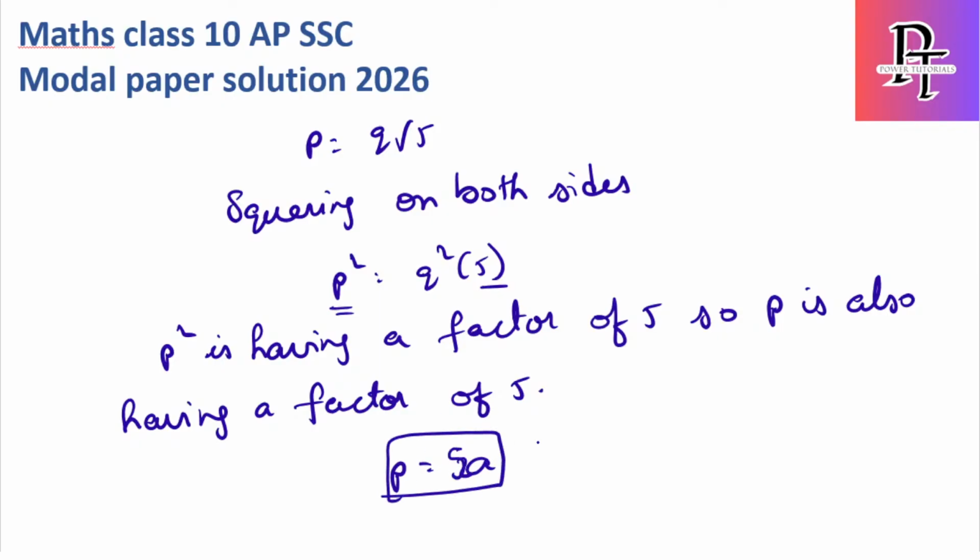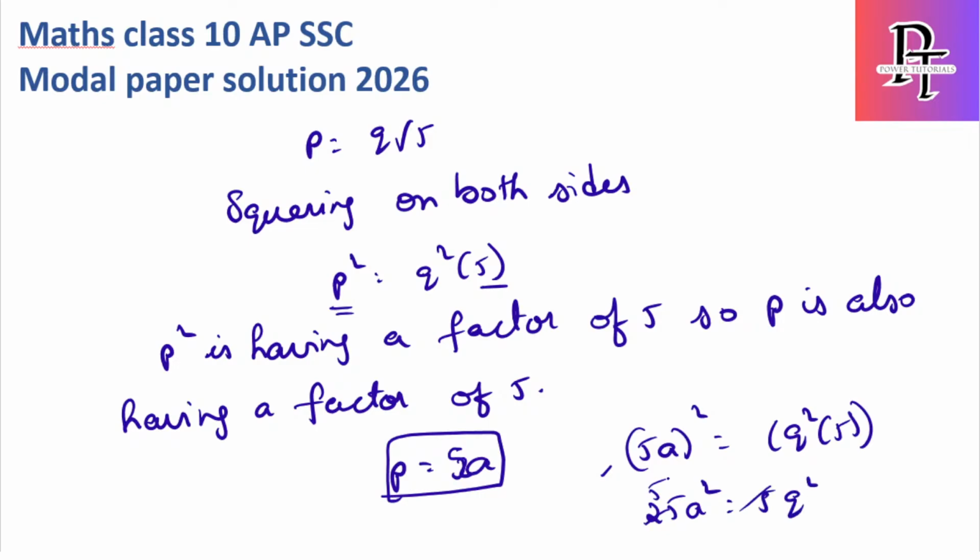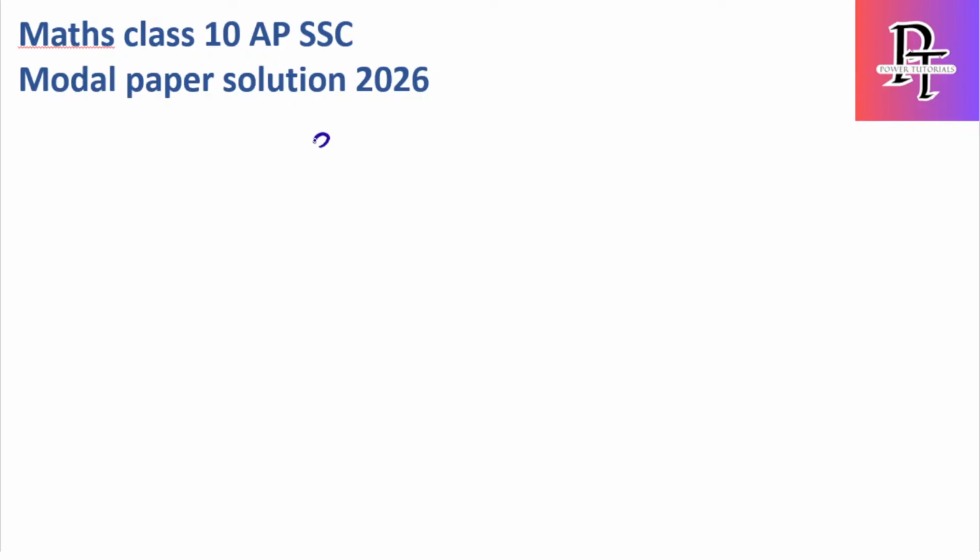Okay, so if I write p as 5a, what will I get? 5a whole square is equal to q square into 5. So 25a square equals 5q square, 5 ones are 5, 5 fives are 25. So I am getting q square as 5a square.